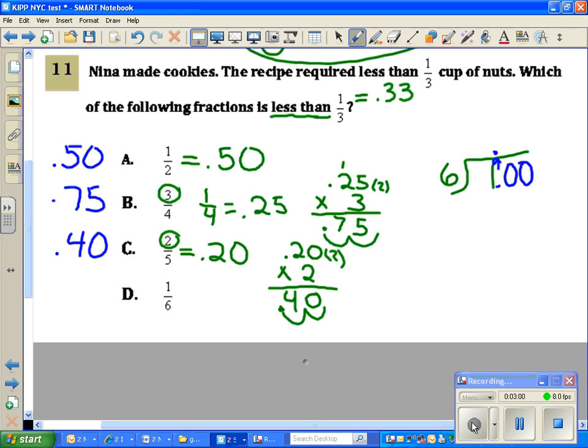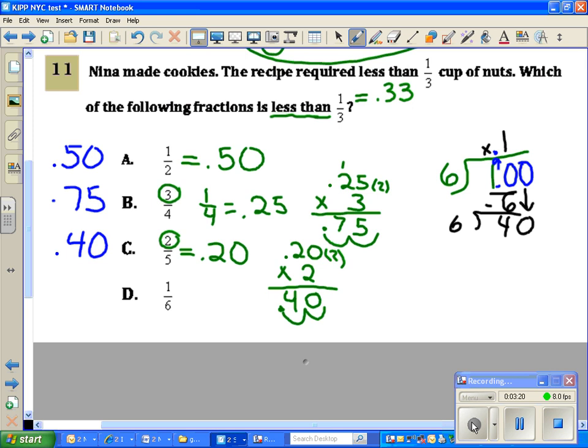6 goes into 1, can't do it. 6 goes into 10 one time. Subtract, I get 4. Bring down the 0. 6 goes into 40.